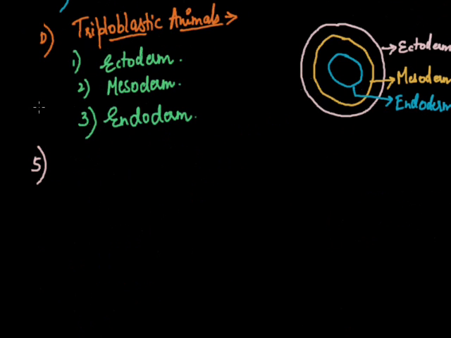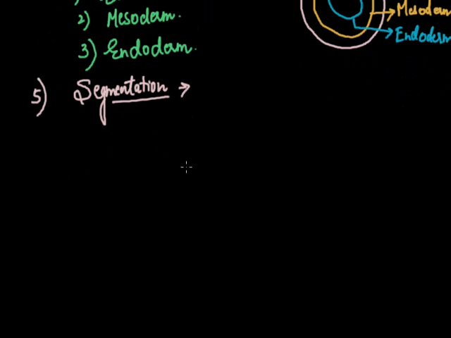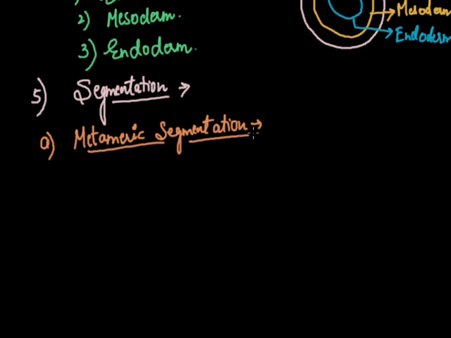Now if we further move to the next basis of classification, our fifth one is segmentation. As the name suggests, segmentation means the presence of segments on the body. It is further divided into two parts. The first is metameric segmentation. This is known as true segmentation.